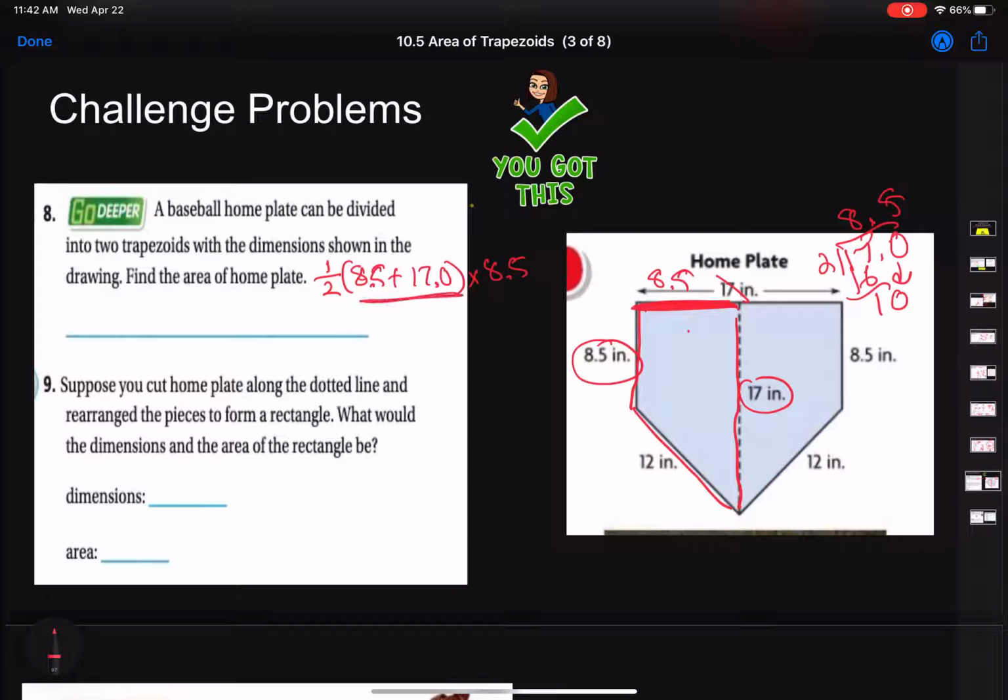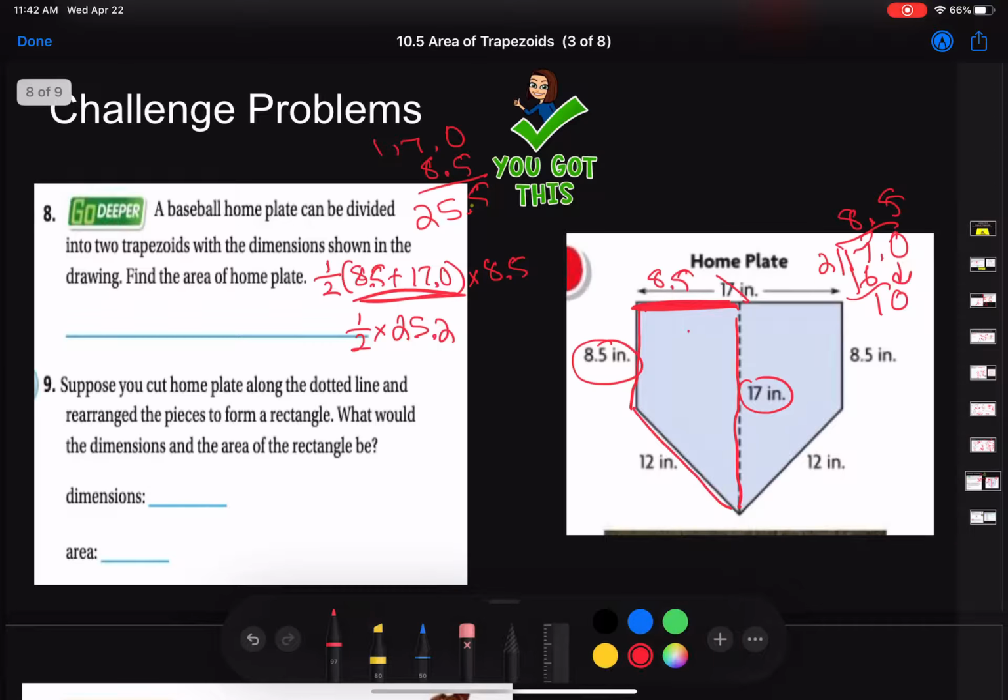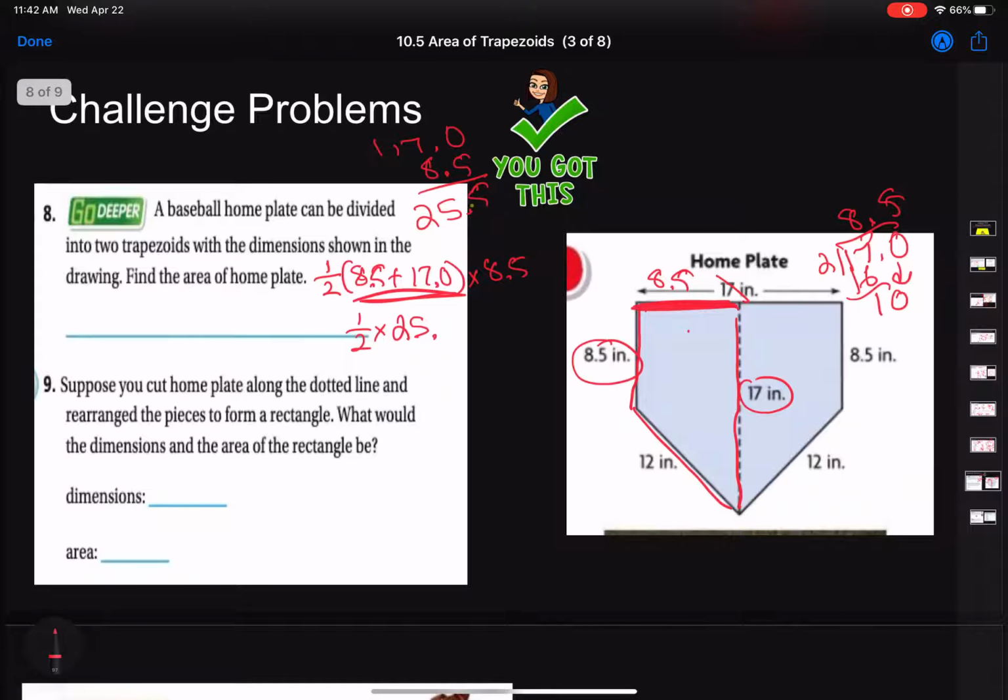So now I'm going to add these 2 up, and I'm going to add a decimal and a 0 to 17, so I make sure I line everything up correctly. So I'm going to get 1/2 times 25 and 5/10 times 8.5.